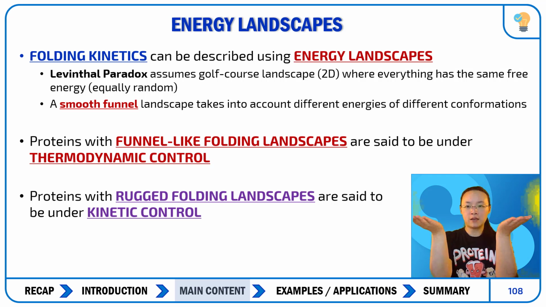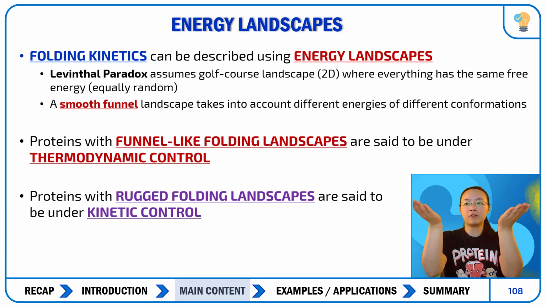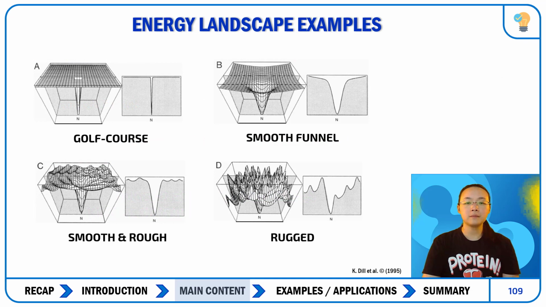So instead of having a flat landscape with just one perfect low energy system, you have a funnel system that goes like this. And that funnel landscape is going to be much easier because it takes into account the different energies of different conformations. So let's take a look.